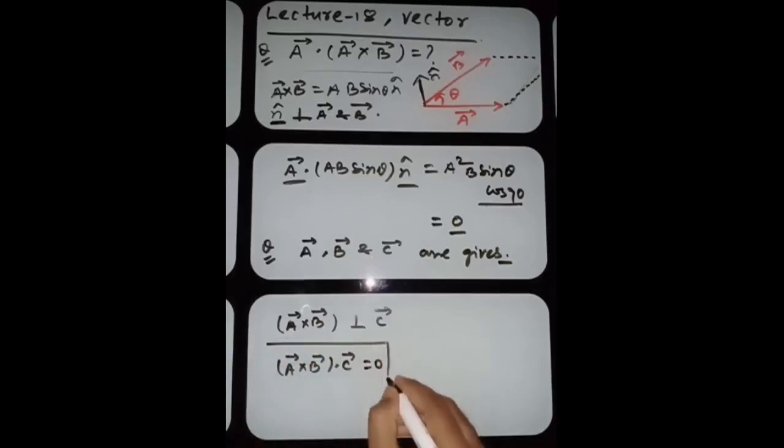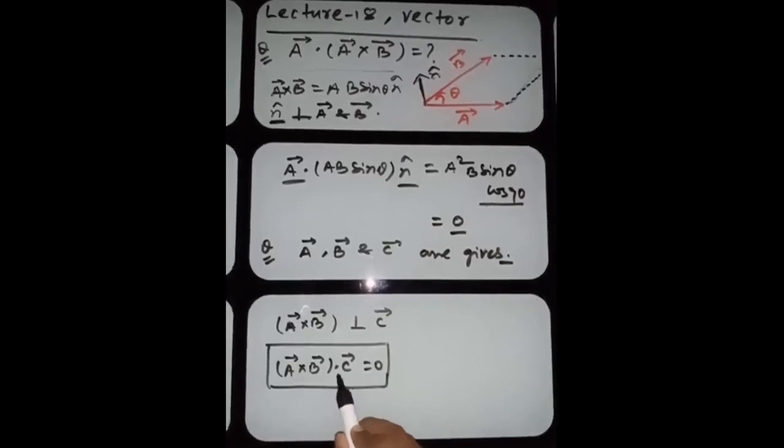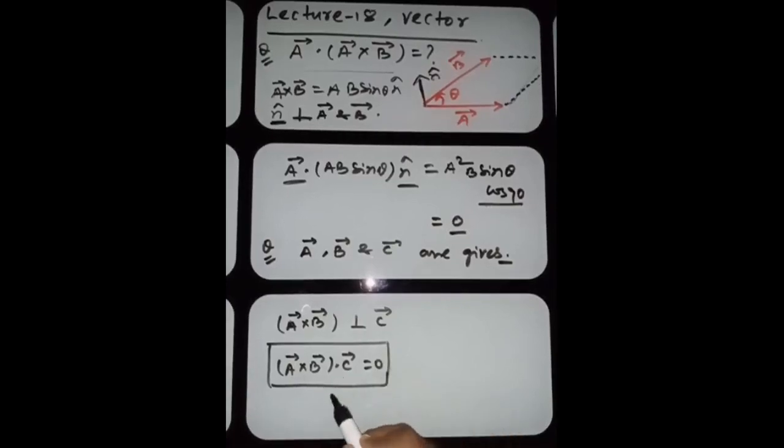So this is the condition of coplanarity. If three vectors are coplanar, then the cross product of two vectors, and dot of the third one, must be equal to 0. This is the condition of coplanarity.